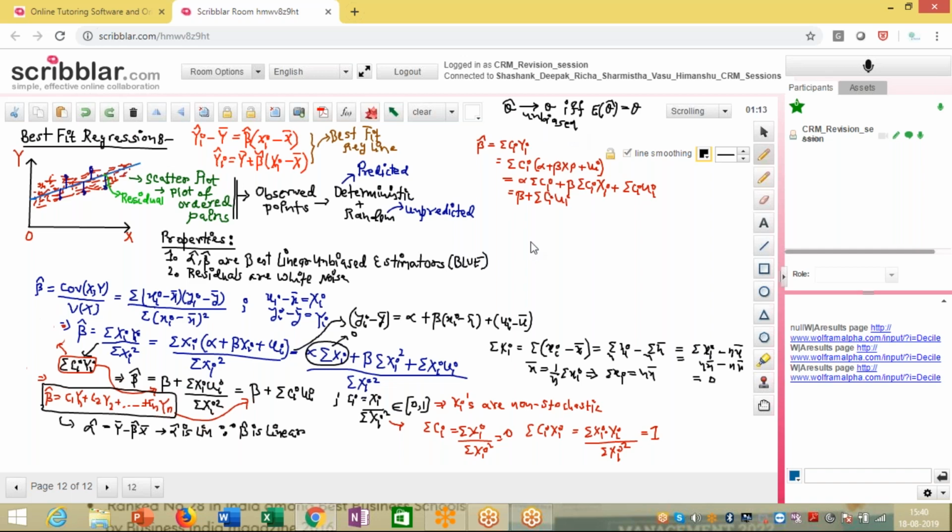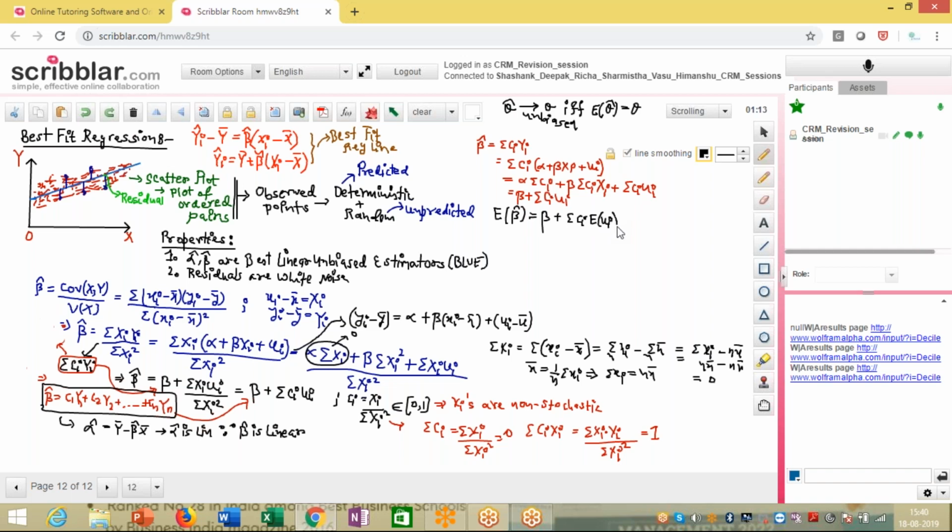So let's check this part out. So expected value of beta hat is equal to beta plus summation Ci. Ci is non-stochastic and hence it's a constant, hence expectation would not be on it. The expectation would fall on the random variable Ui.